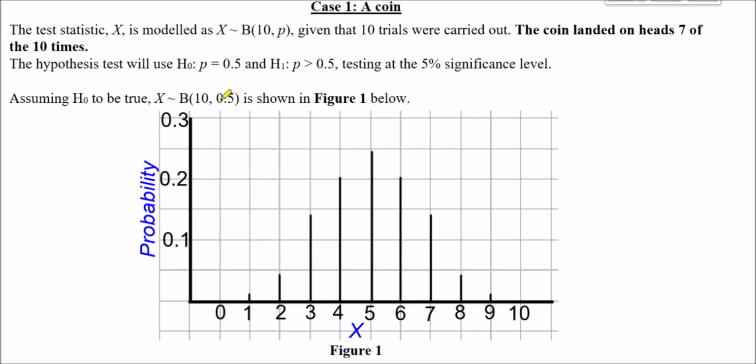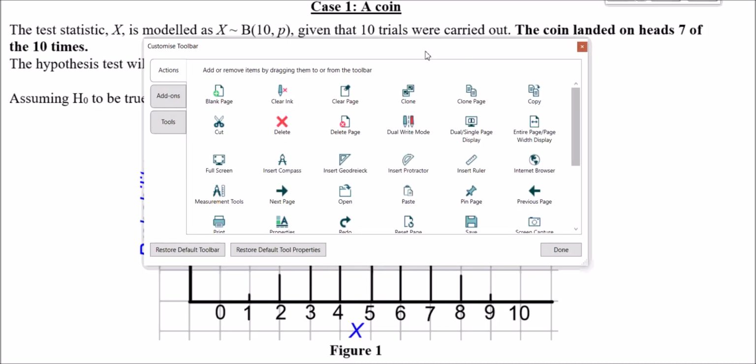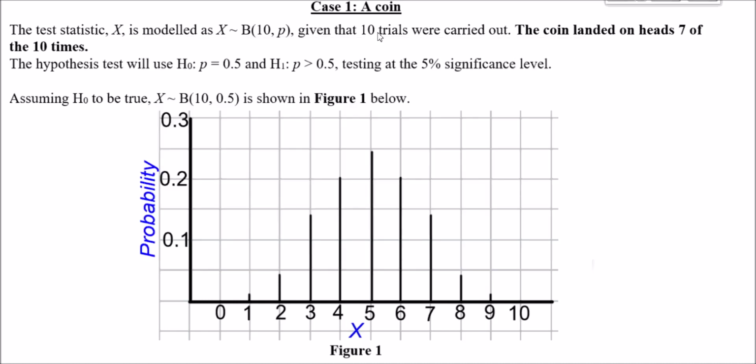That brings me on to an actual example, a coin. So let's imagine we've got this coin and we're going to say the test statistic X is the number of heads that come up. We're going to model this as binomial, 10 trials, p being the probability of landing on heads.